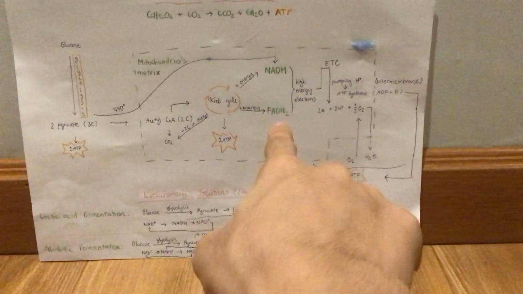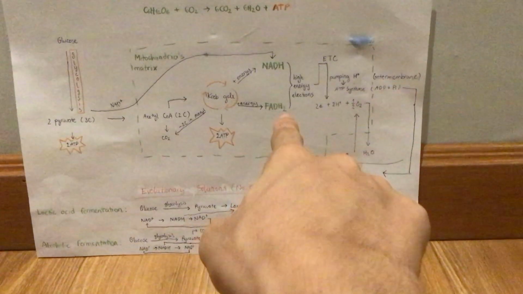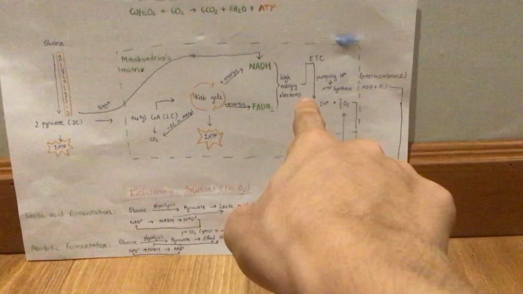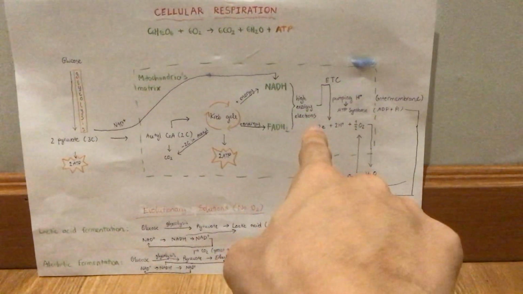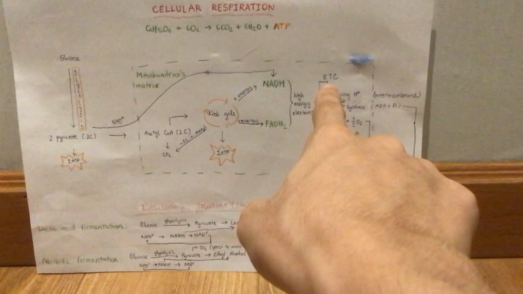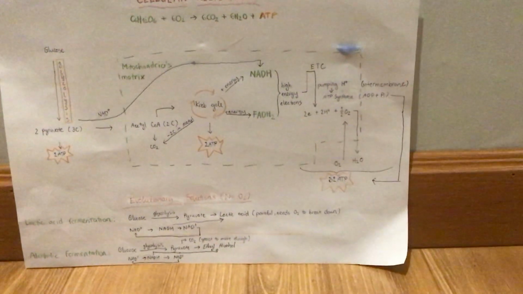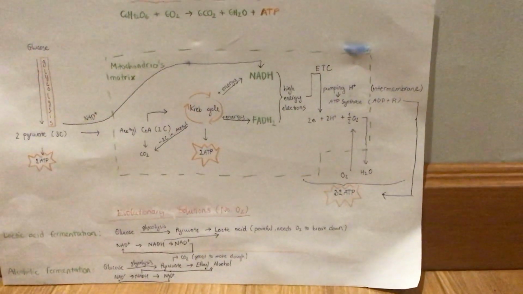So NADH and FADH2 are high energy. They have high energy electrons, and then they release those electrons, and those electrons go through the electron transport chain. Through the electron transport chain, it will make energy.